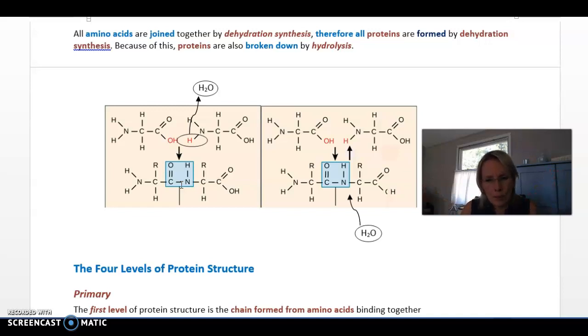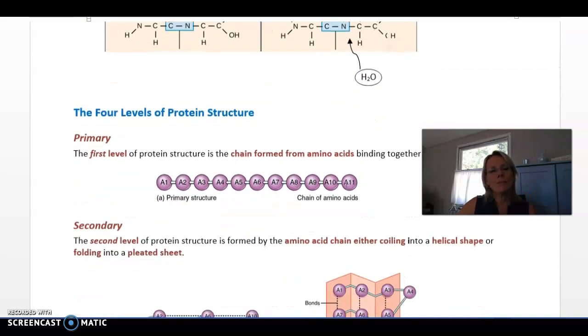So this is now a 2 amino acid chain that's going to begin the first part of protein structure. Anything that gets formed by dehydration synthesis can be degraded by hydrolysis. So again, you can have water come in and break this peptide bond. The hydrogen will get attached to one amino acid, the remaining OH to the other, and it separates them into 2 separate amino acids.